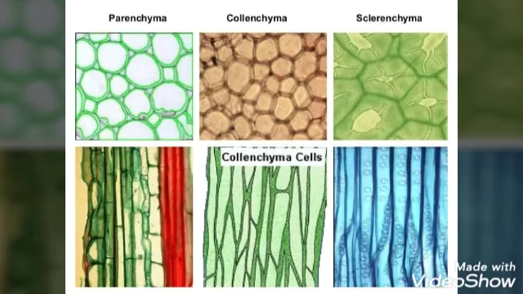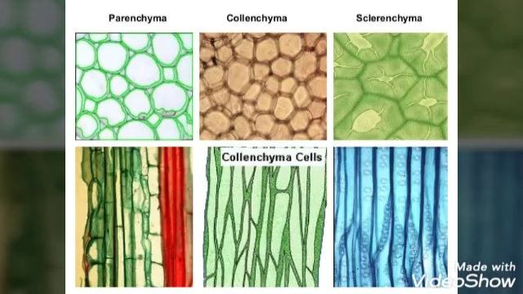These are cells which have lost their capacity to divide but are specialized to provide strength, flexibility, and elasticity to the plants. These tissues can be further classified into simple permanent, complex permanent, and special tissues. It means that there are three types of permanent tissues. First one is simple permanent, second is complex permanent, and third one is special tissues.